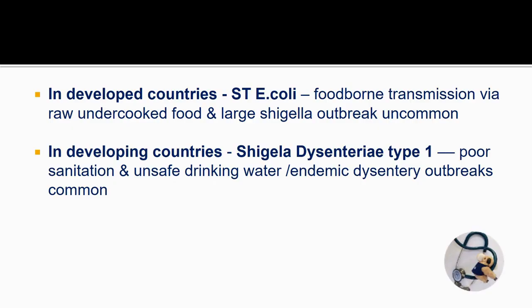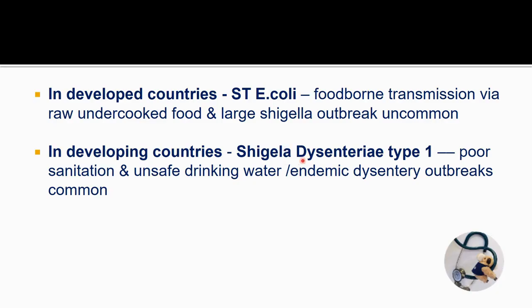The reason why E. coli is more common in developed countries and Shigella dysenteriae in developing countries is as follows. For Shiga toxin E. coli, the mode of transmission is foodborne, via raw and undercooked food, which may be a culture in the developed countries, eating raw or undercooked food. Large Shigella outbreaks are uncommon in the developed countries, whereas in the developing countries, the sanitation is poor and there is unsafe drinking water, and there are outbreaks of Shigella dysentery endemically.